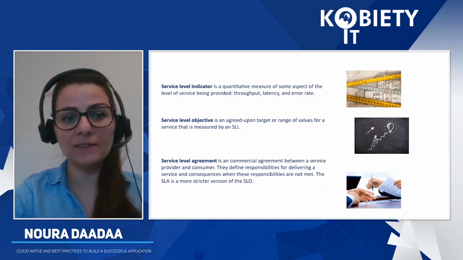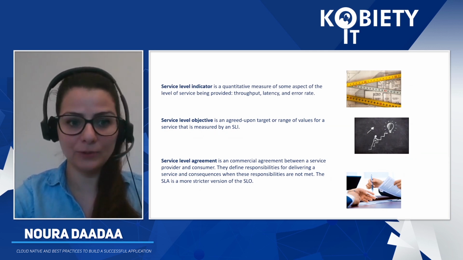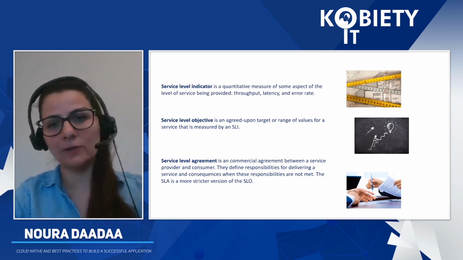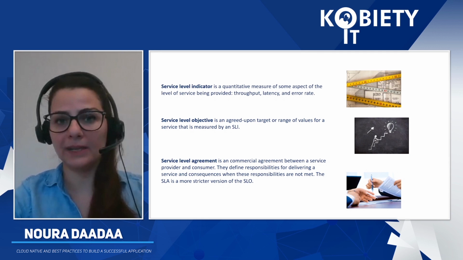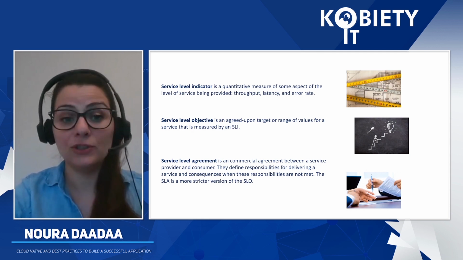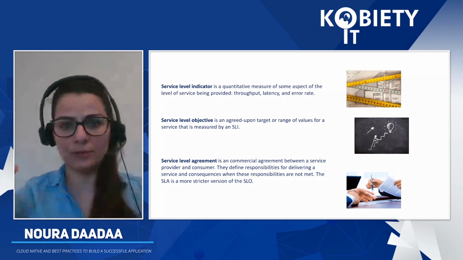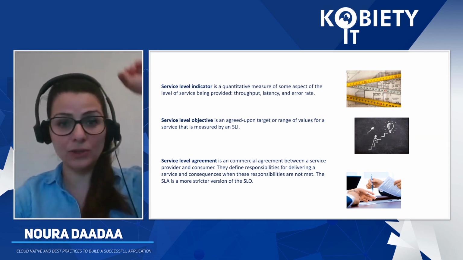So there is another thing called the service level objectives, which is normally the target or the end goal when you try to build an application. You have a range of values or goals, and you say my end goal is to reach there.